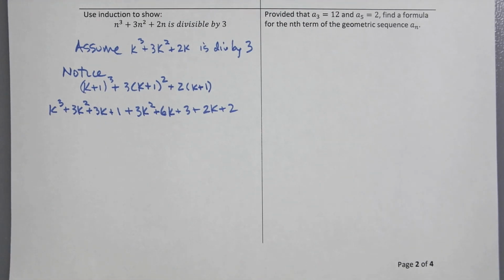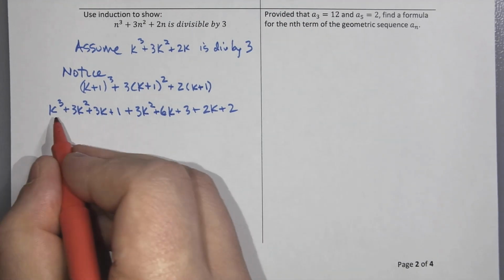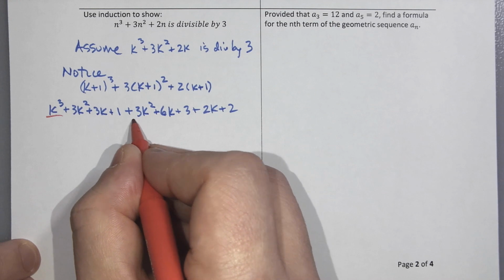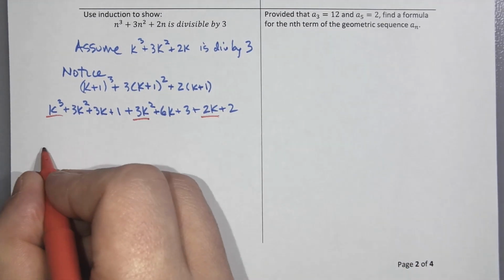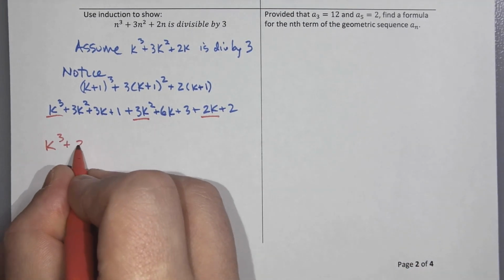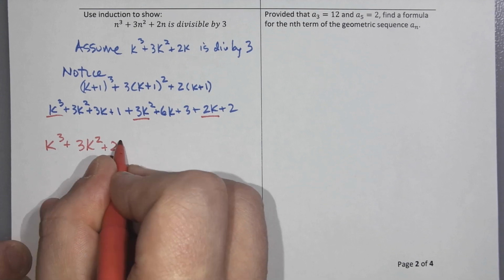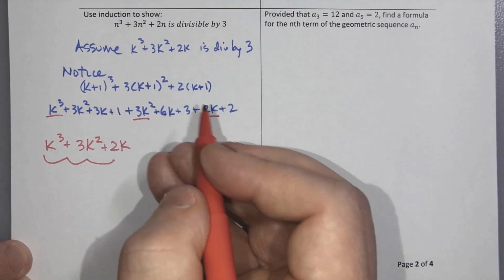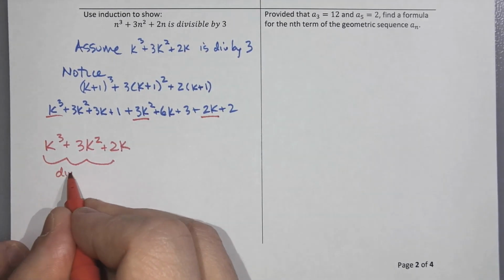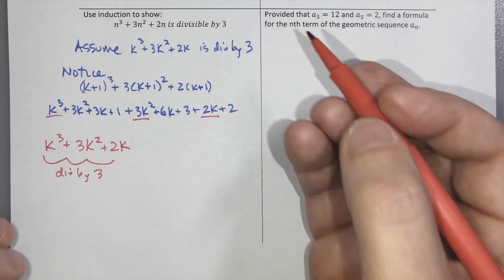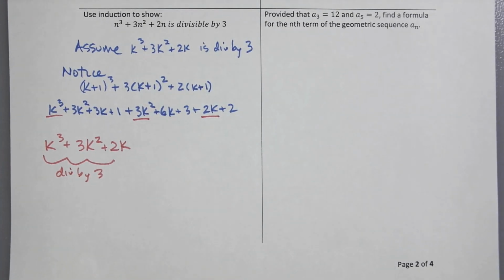So notice here, here, and here is k cubed plus 3k squared plus 2k, which I already knew is divisible by 3, thanks to the inductive hypothesis.